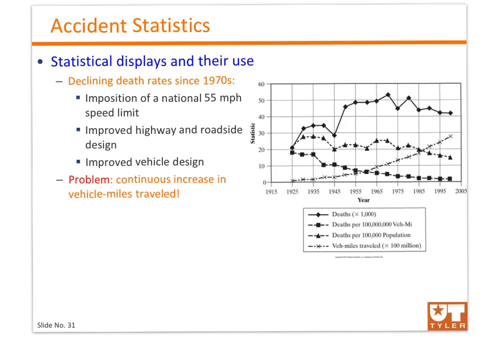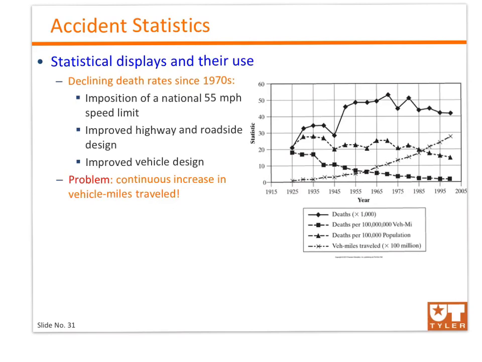Now, after we do the rates, we can also talk about how we can display these accident rates. As you could tell here, we have in this graph number of years from 1915 all the way to 2005, and the y-axis would show you the statistic, which can be the number of accidents, for example.